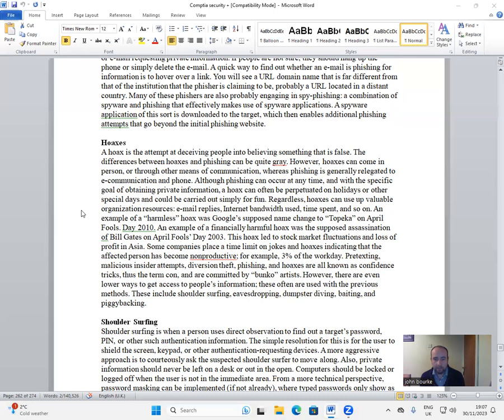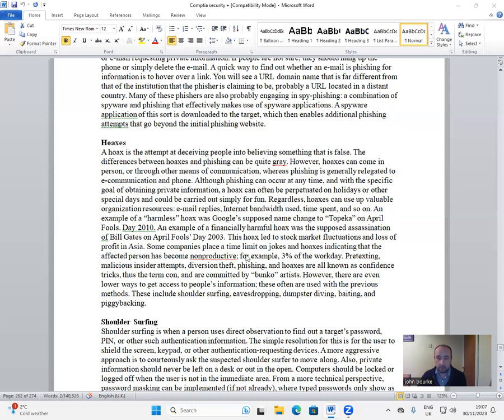An example of a harmless hoax was Google's supposed name change to Topeka on April Fool's Day 2010. An example of a financially harmful hoax was the supposed assassination of Bill Gates on April Fool's Day 2003. The hoax led to stock market fluctuations and loss of profits in Asia.